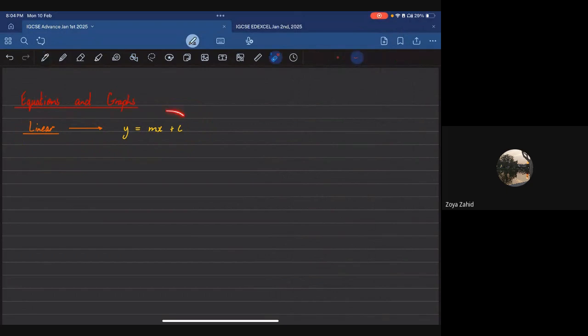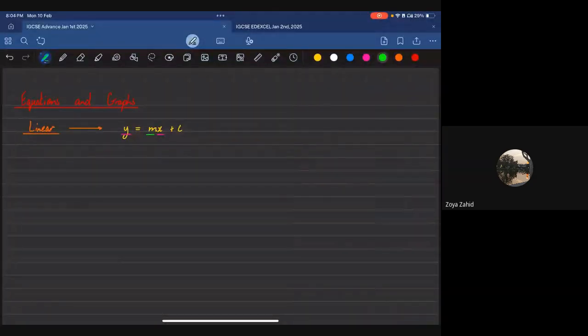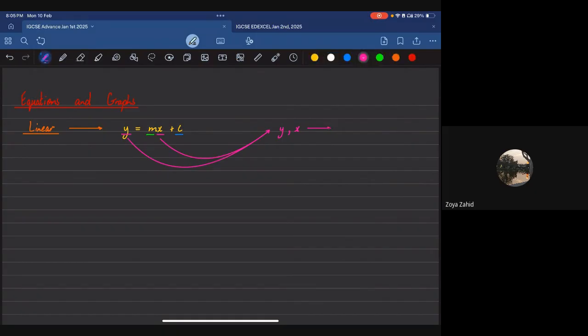But more importantly, we know that the general form of the equation is y is equal to mx plus c. Now we need to see what y, x, m and c stand for. y and x are pretty simple to understand. They are simply your coordinates, the ones that you're going to plot on the graph, and they're variable.